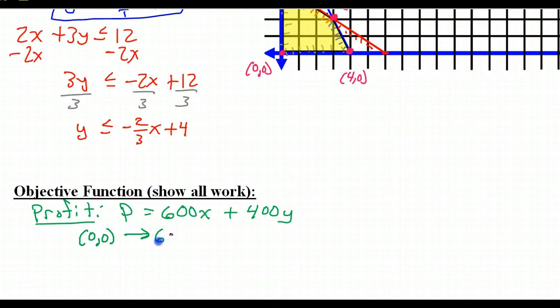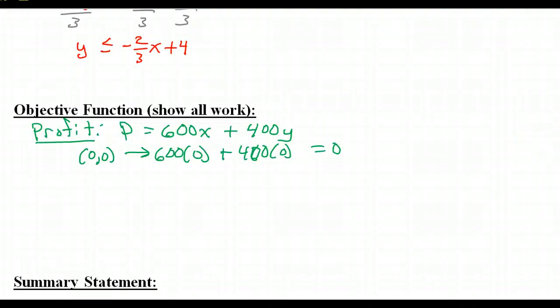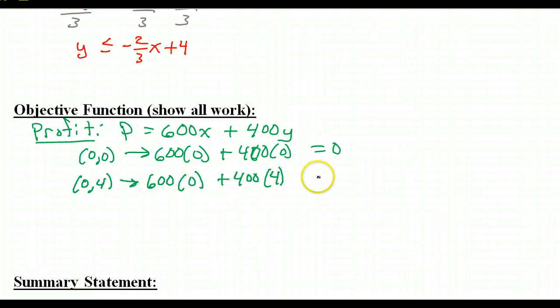Okay, 0, 0 goes in. Whoops, 400. Okay, that's going to give me 0. Next, I'm going to do 0, 4. Okay, that's going to be 1,600.